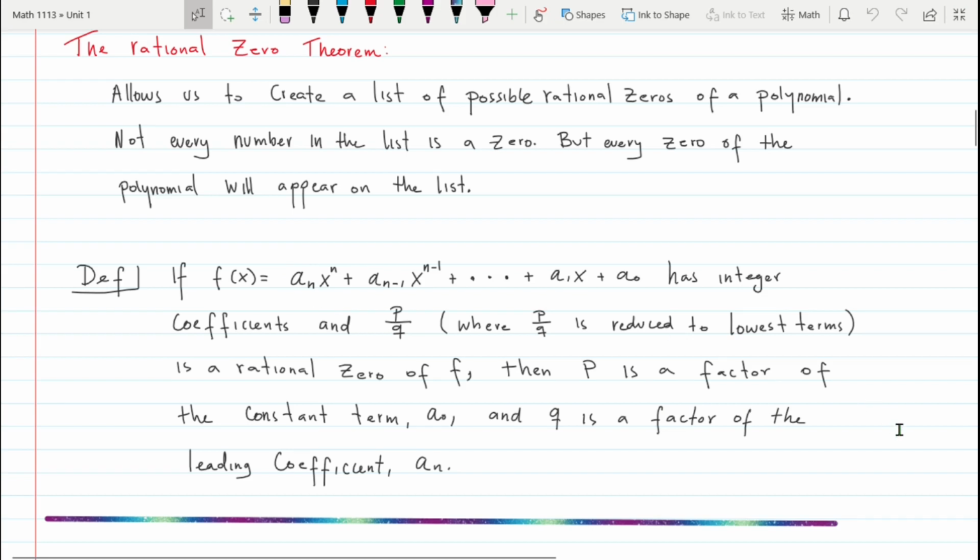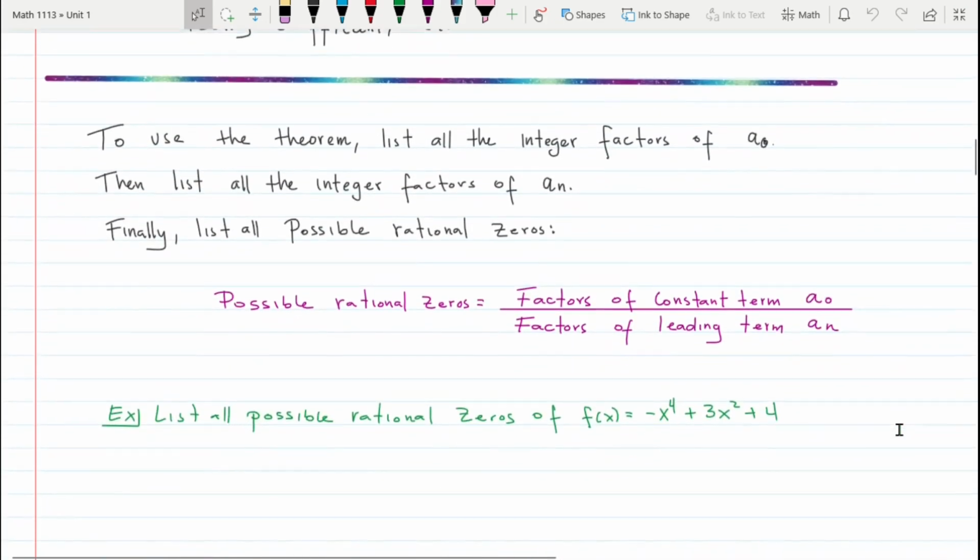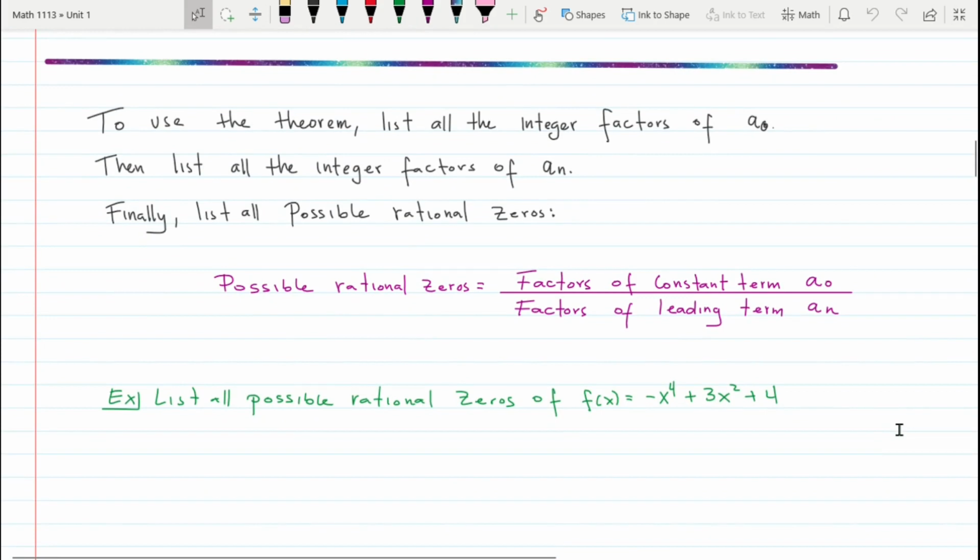Let's move on and do an example. To use the theorem, you want to do a list of all the factors of the constant term, and then you want to list all of the factors of the leading coefficient.